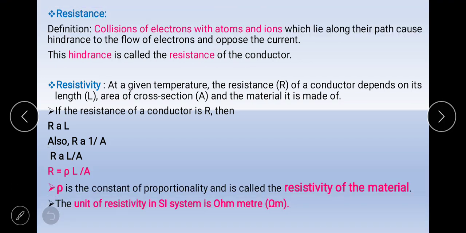When there is a conductor, and if the current flows in a straight line through it, this is the flow of current. If the current flows in a straight line through it, the time required is less. That means the current flows with a greater speed since there is no obstacle in it.